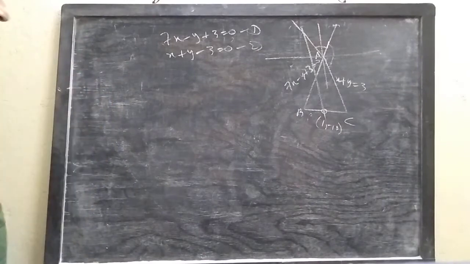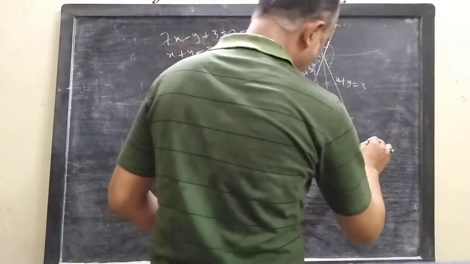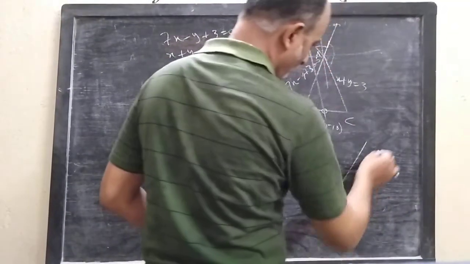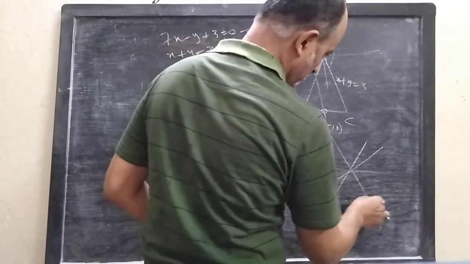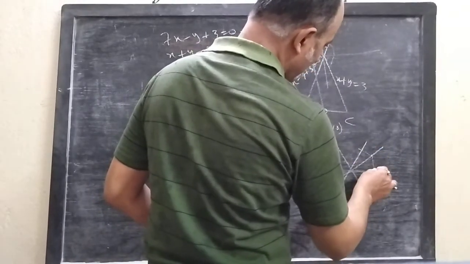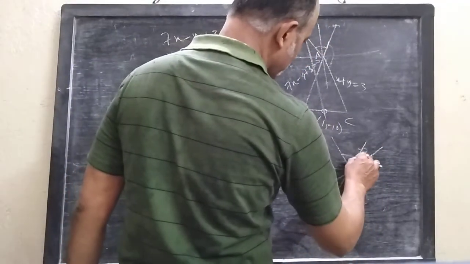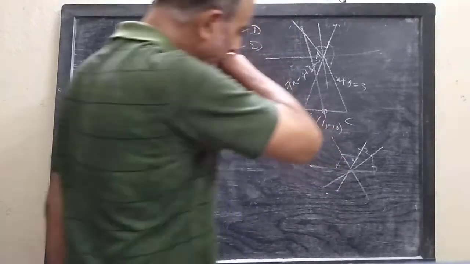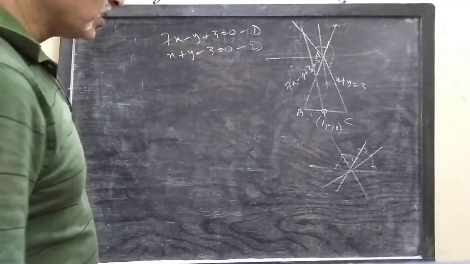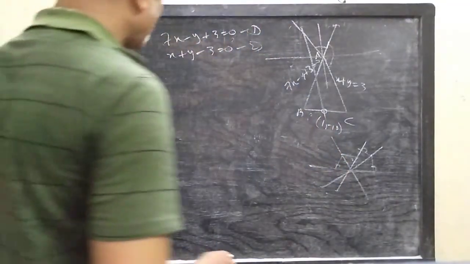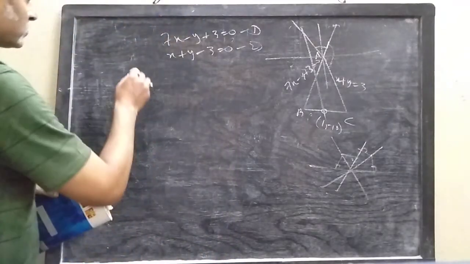Now, for angle bisector, all the points lying on an angle bisector are equidistant from the two arms. Similarly, for this bisector also, these distances are equal. So, the equation of angle bisectors will be in this way.